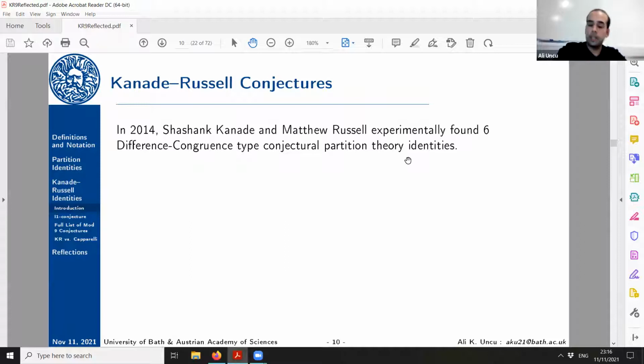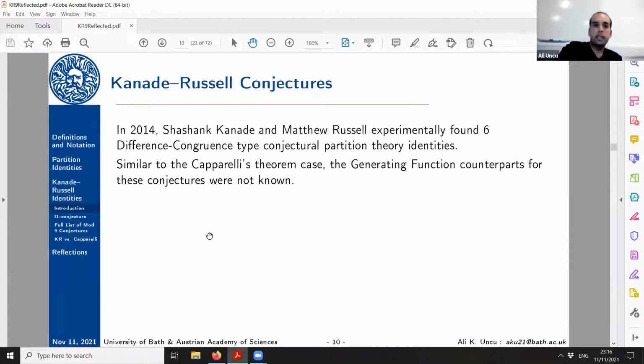And if these truncated series factored nicely, they already knew the interpretation for these products, which was the congruence conditions. This is how they found 6 different congruence type conjectural identities. 4 of these identities were modulo 9 based, and 2 of them were modulo 12 based. And similar to Capparelli's theorem, the generating function counterparts of these conjectures were not known.